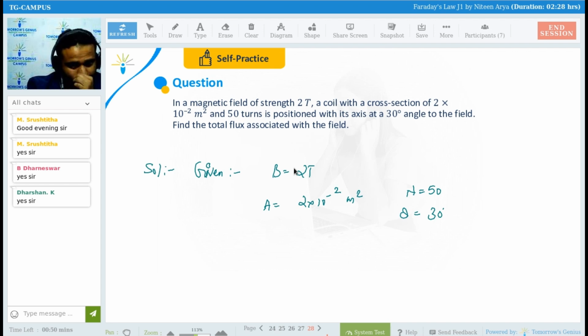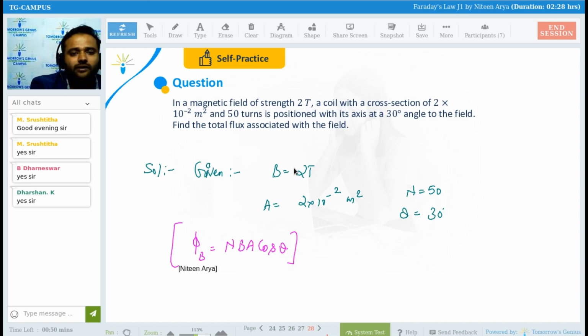What more do you want? Nothing. Everything is in your hand. And there is a formula of flux phi. If you don't know, at least now you're able to do that. N B A cos theta. Put it in this formula. Number 1. Tell me the answer directly now.